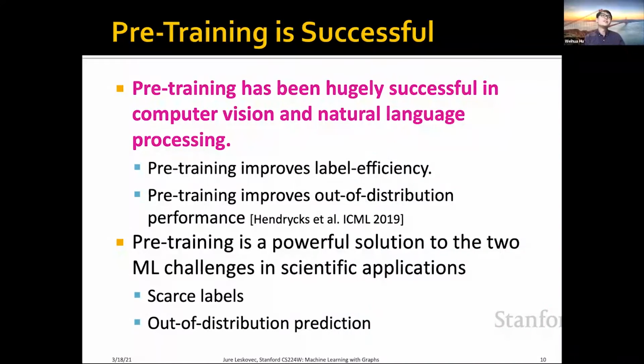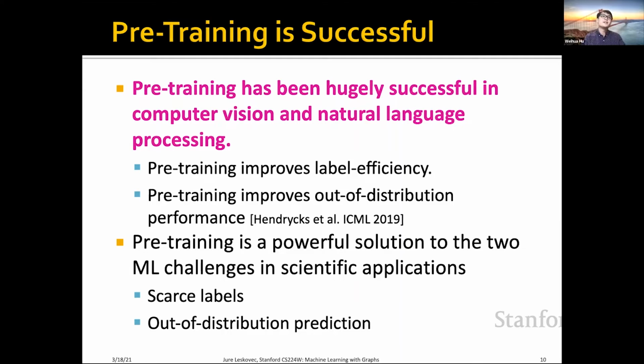Just to mention, pre-training has been hugely successful in computer vision and natural language processing. It's reported that pre-training improves label efficiency, and also improves out-of-distribution performance.